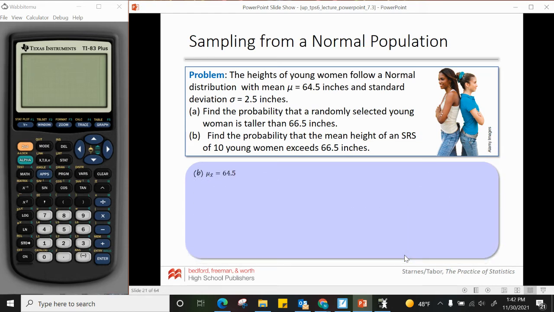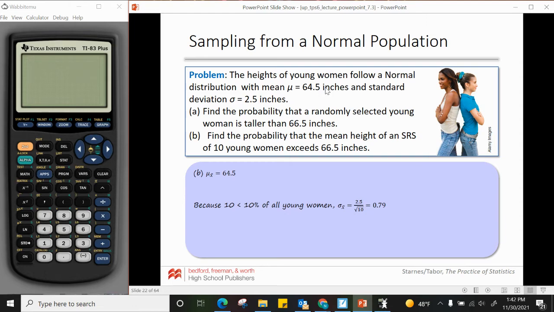Now for part B, we are sampling a group of 10 young women, and we're seeing if their mean height will exceed 66.5 inches. So the mean of my sampling distribution is equal to mu, so it's still 64.5. Our 10% condition is met because it's the height of young women. All women in the world, 10 is certainly less than 10% of all young women in the world.